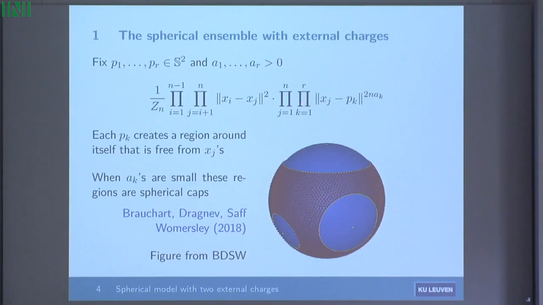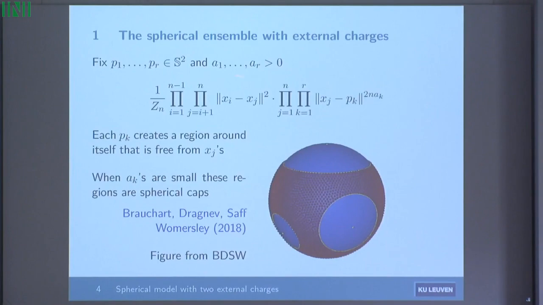Altogether, there are still n free charges on the sphere, but there's an inner repulsion between the various charges, and there's also repulsion due to the external charges located at the points P1 up to PR.